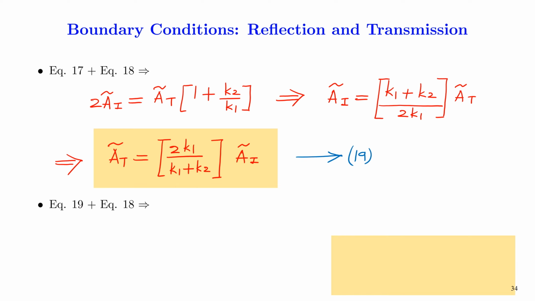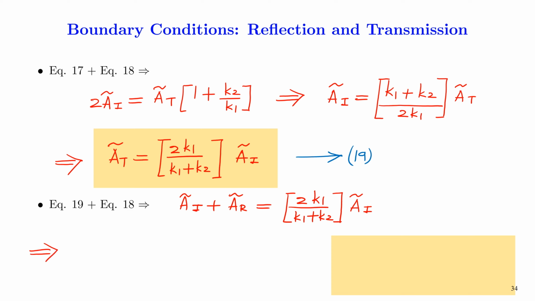We'll now add equation number 19 and 18, which will give us AI plus AR equal to 2K1 over (K1 plus K2) multiplied by AI.